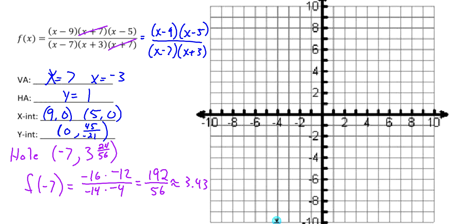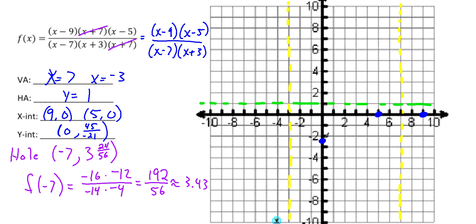All right, so let's graph our information. Same thing we've been doing. Should be pros at this by now. 7, negative 3, horizontal at 1, x-intercepts at positive 5, 9, y-intercept at 0, negative 45 over 21, which is basically 2.2, 2.3.